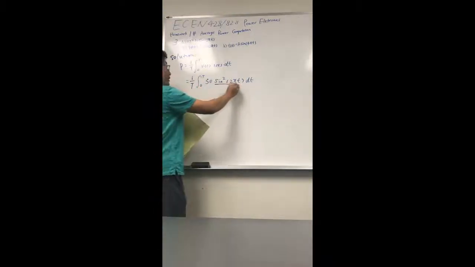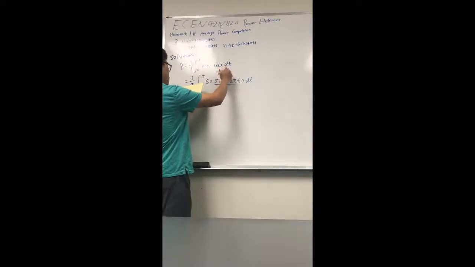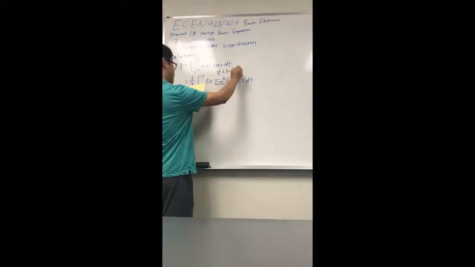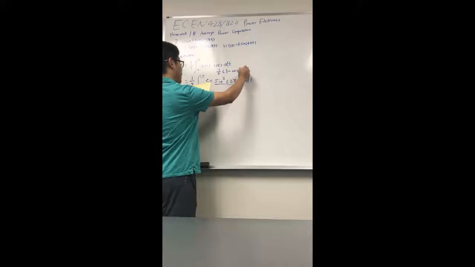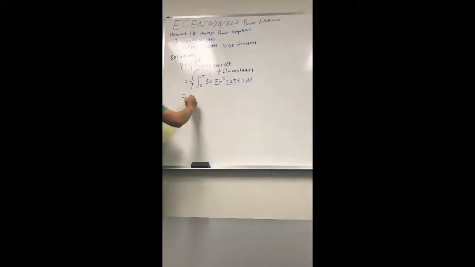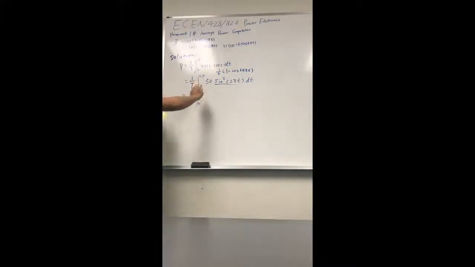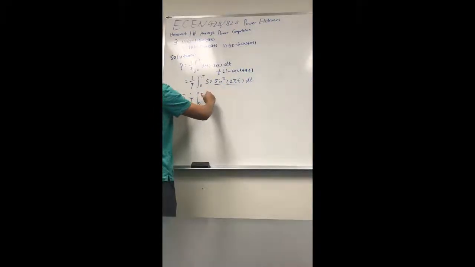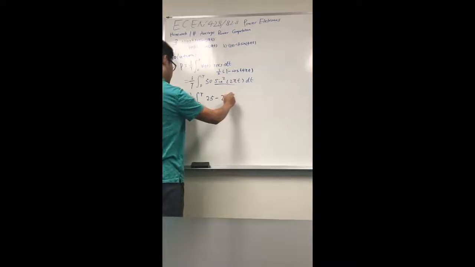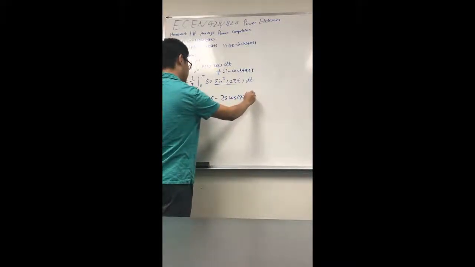And sine squared equals half of 1 minus cosine 4 pi t. So we can simplify this equation to the integral of 25 minus 25 cosine 4 pi t dt.